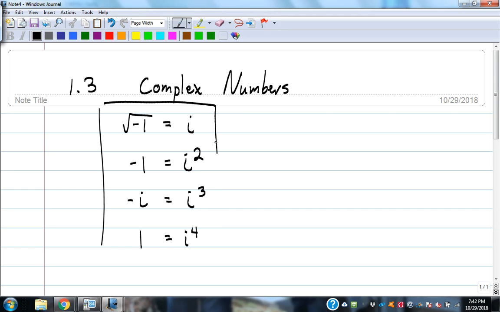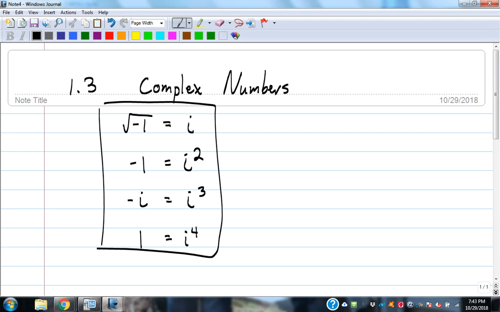That little chart right there is important. It'll come into play later on when we start multiplying complex numbers together, by examples 7, 8, 9. So that's going to be used to help us simplify. Any power higher than i to the fourth starts repeating.